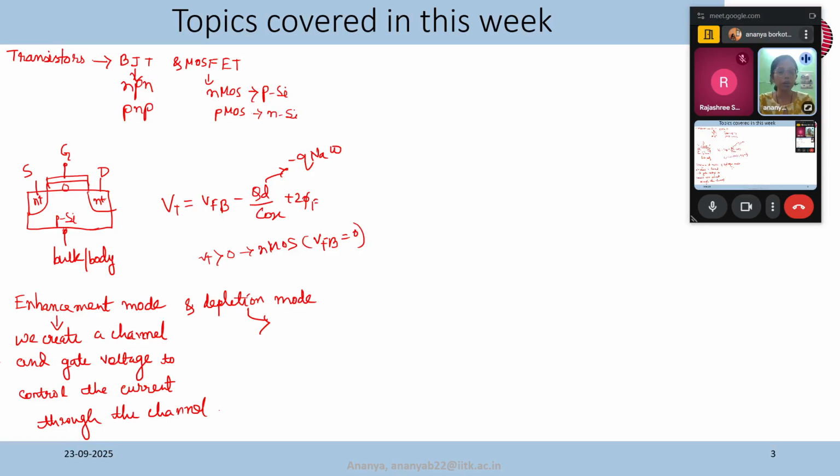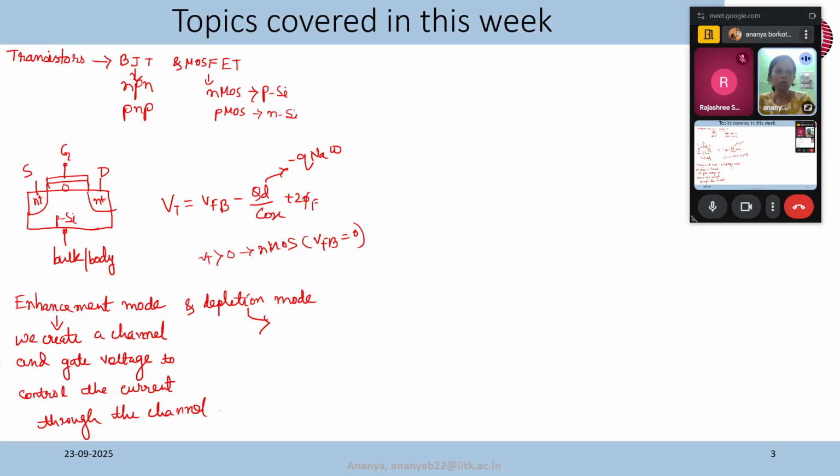Now if our flat band voltage is such that the band bending is such that the inversion layer is already formed, so we have a channel without applying the gate bias, now the channel is already there.